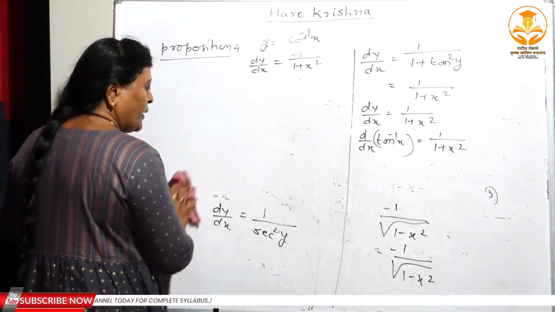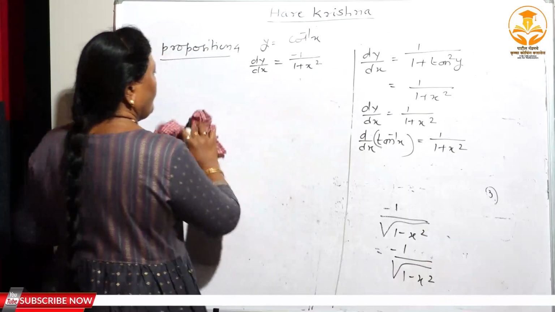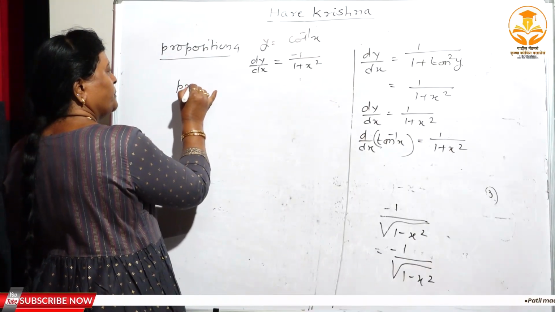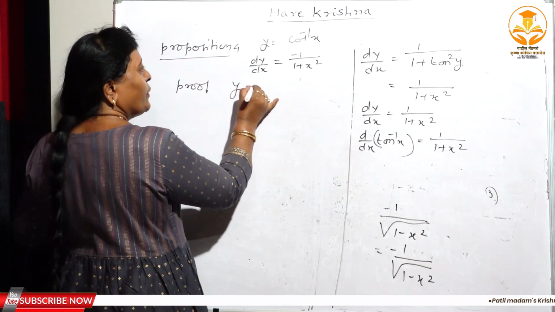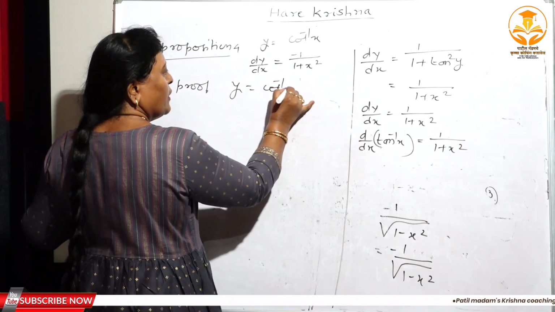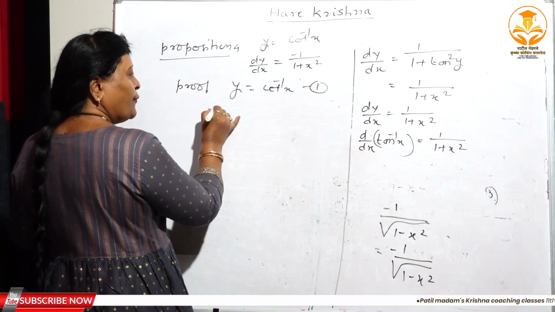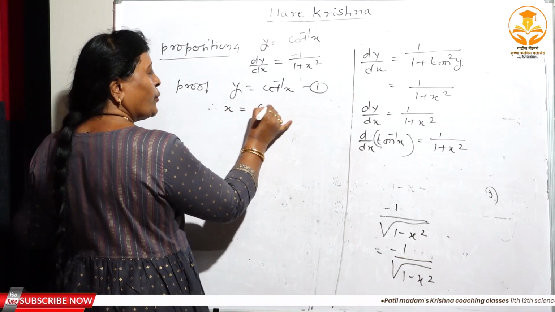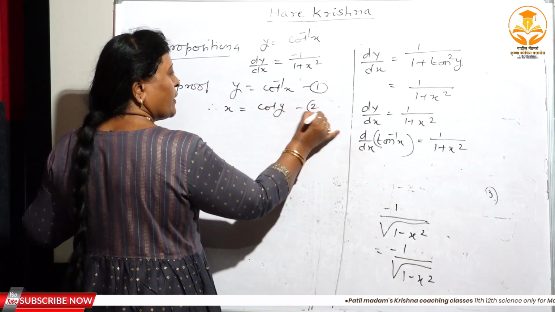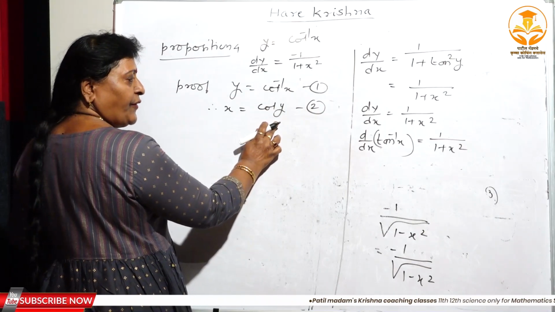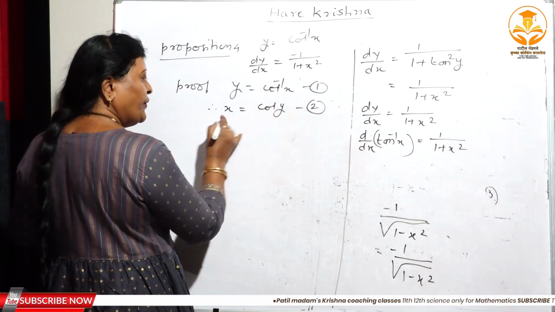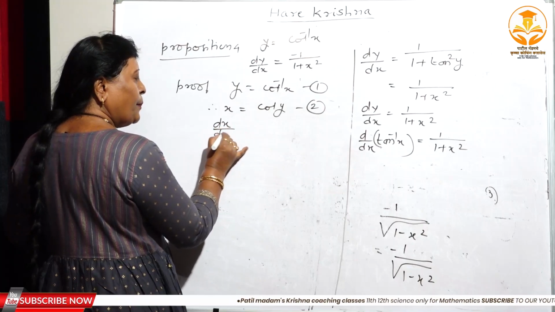Very simple. Again, the proof. Y is equal to cot inverse x. This is first. Therefore, x is equal to cot y. This is second. Again, x is a function of y. You can differentiate with respect to y, dx divided by dy.